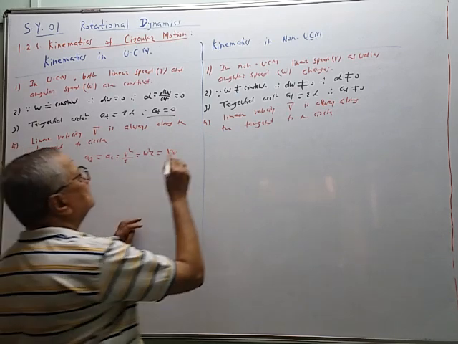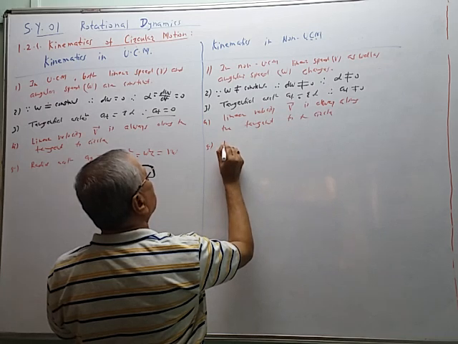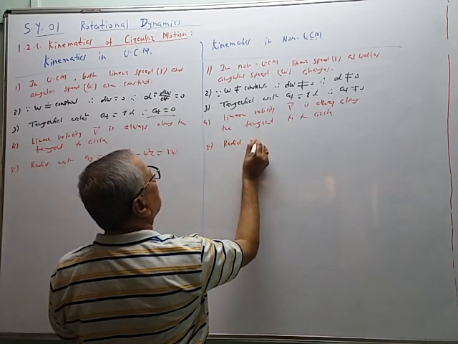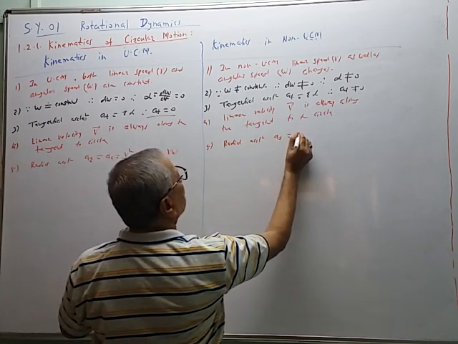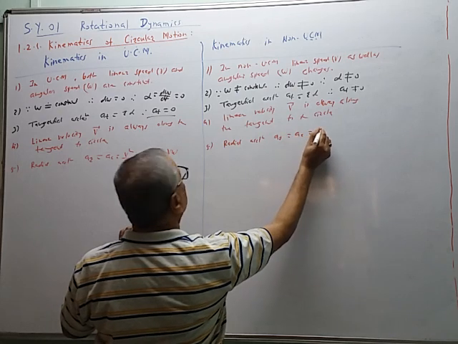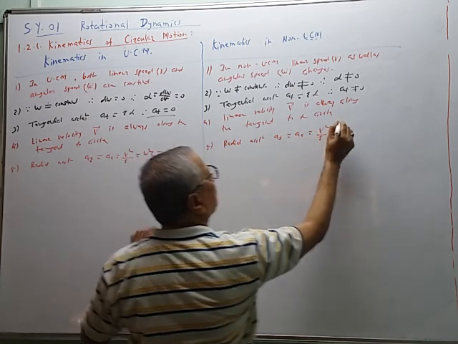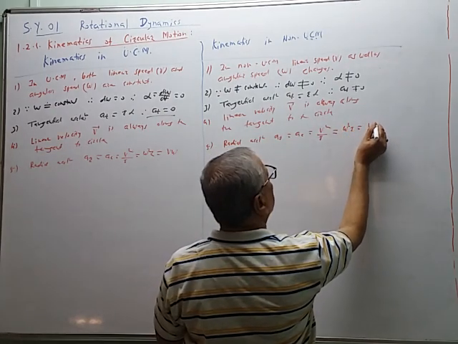On this side, radial acceleration is there. Radial acceleration AR is equal to centripetal acceleration AC is equal to v square upon r is equal to omega square r is equal to v into omega.